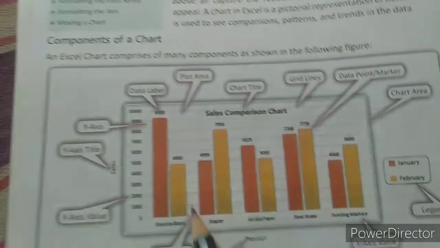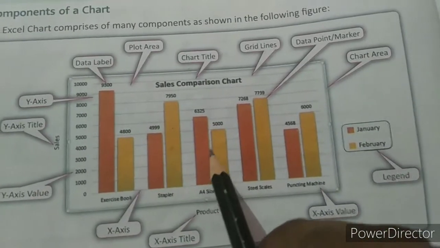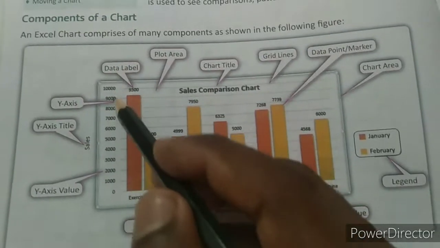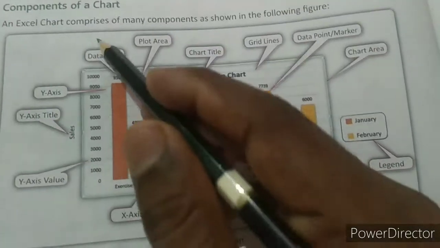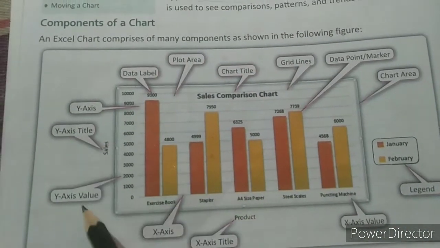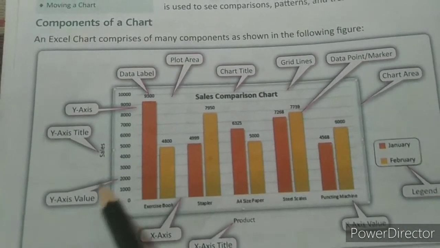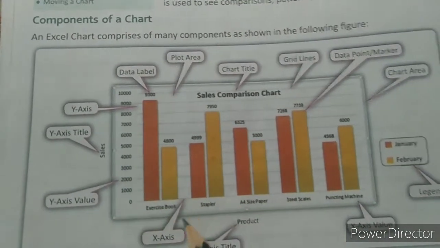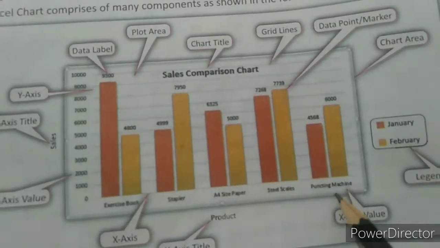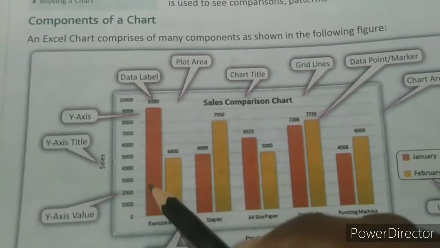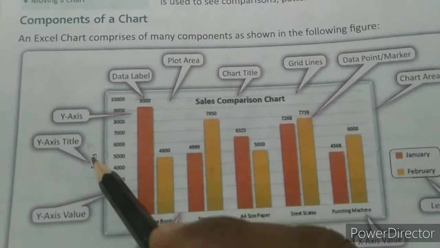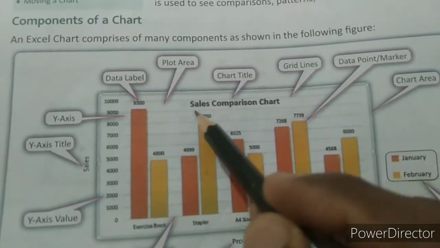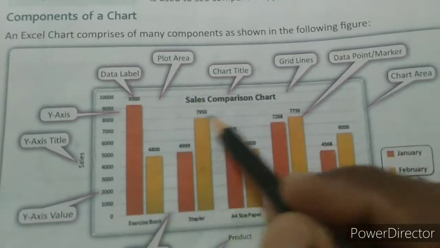So here this is the x-axis, this is the y-axis, right? And these are the values on the x-axis, these are the values on the y-axis. Here this is the axis title, this is the data label, this is the plot, this is the chart title, showing what the chart has been made about.